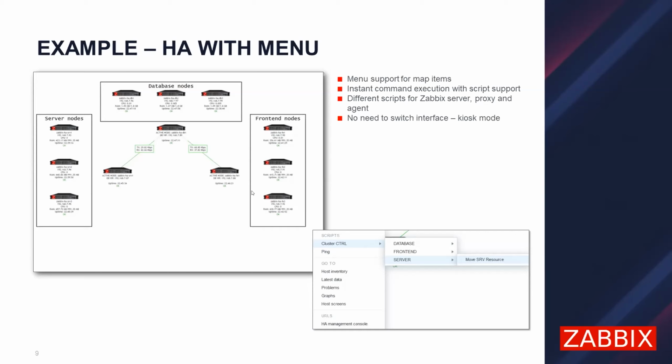And also it is very convenient to have it in a kiosk mode where you have all your controls limited and just giving basic functionality. So maps enable you to perform such a predefined set of actions.